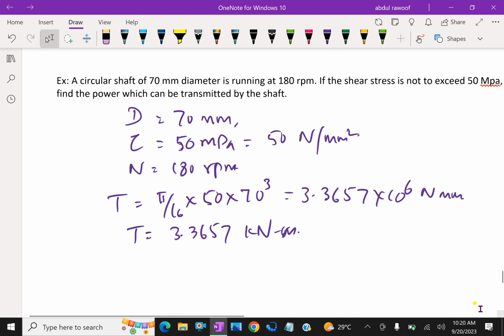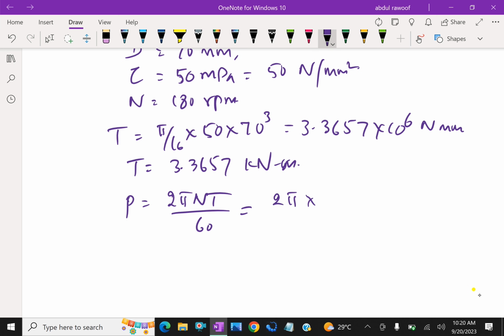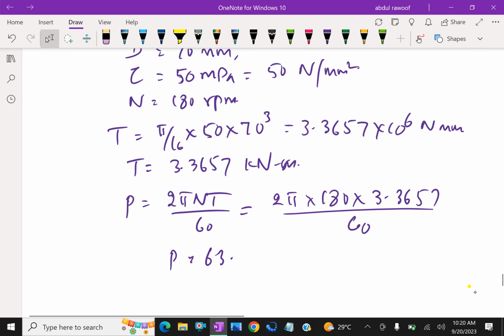Now power per minute 2 pi NT by 60, which is equal to pi N, which is 180 rpm, into torque 3.3657 over 60, gives 63.4 kilowatt.